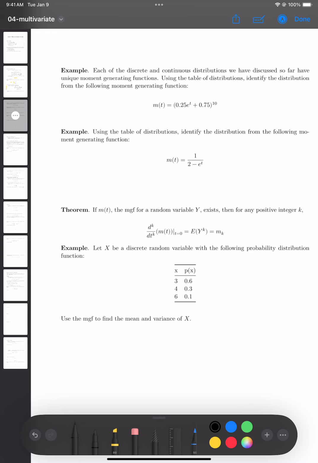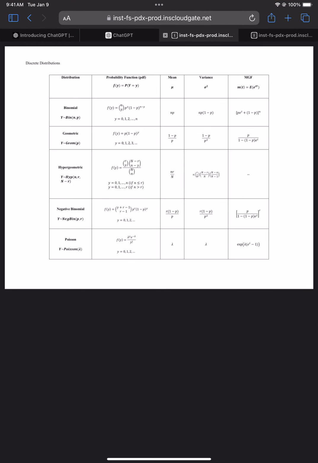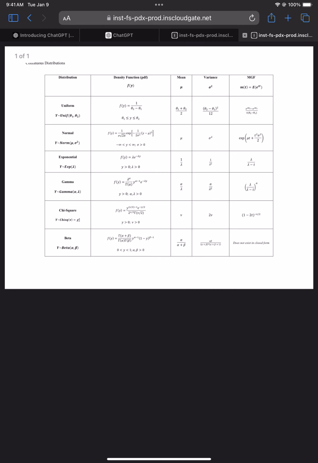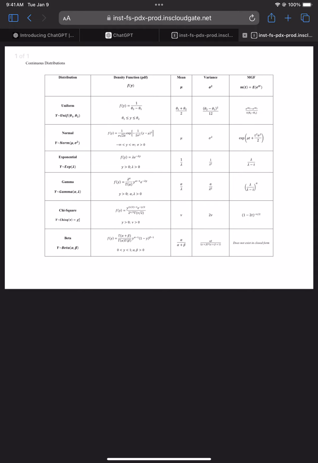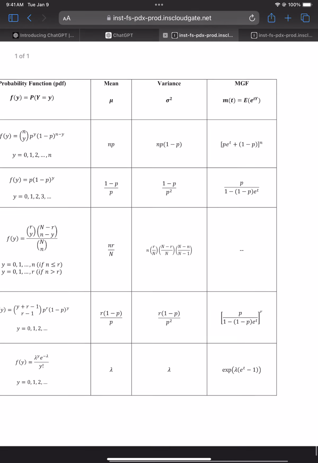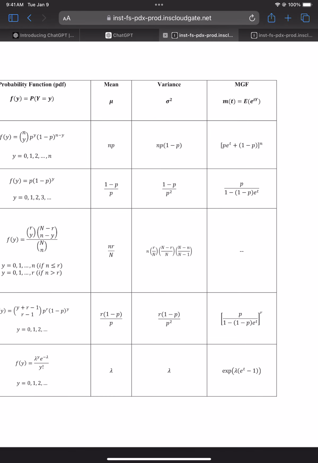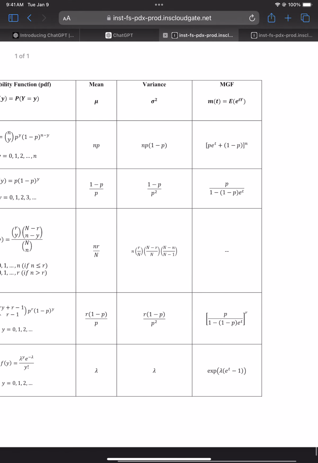So I'm going to risk it for the biscuit, exit this, and hope I can navigate my way back and pull up our two tables. In the last column that I'm going to zoom in on, you'll see these MGFs. The game we're essentially trying to play with these next two examples is to match the moment generating function that's given to one of these distributions.